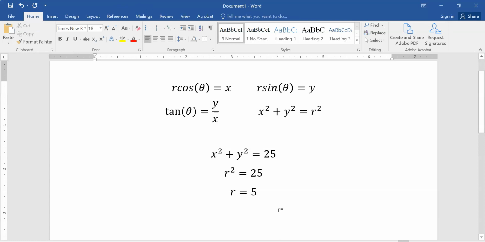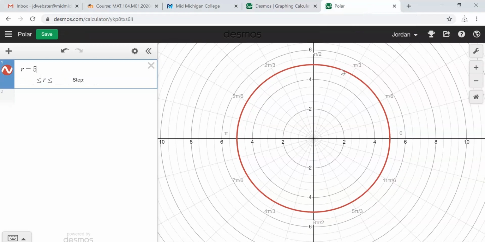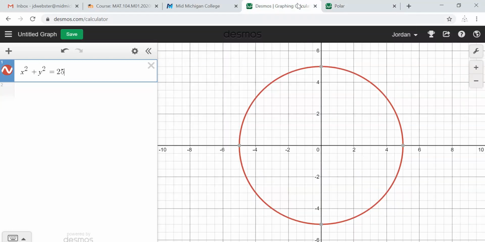And by the way, we should know that that is a circle of radius 5, right? Hopefully we've all established that. If you graph x squared plus y squared equals 25 in terms of rectangular values, you get this equation on the rectangular coordinate system. If you change that to the polar coordinate system, you just get a circle. It's the same circle, obviously.